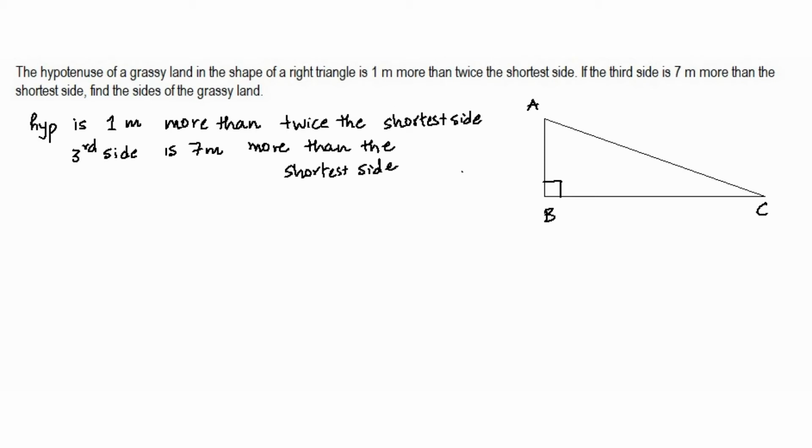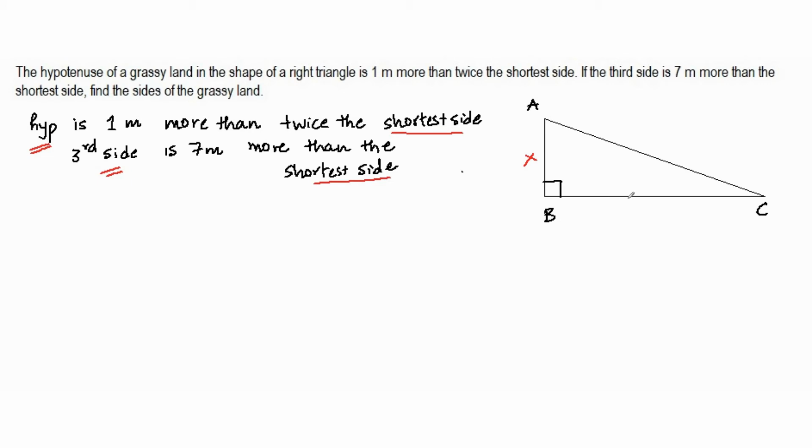So over here you will notice that hypotenuse and the third side are given with respect to the shortest side. So I am inclined to take my shortest side as x, because that is a good reference to have, right? The other two sides are being expressed in terms of the shortest side. That is why taking the shortest side as x is actually a very good idea here.